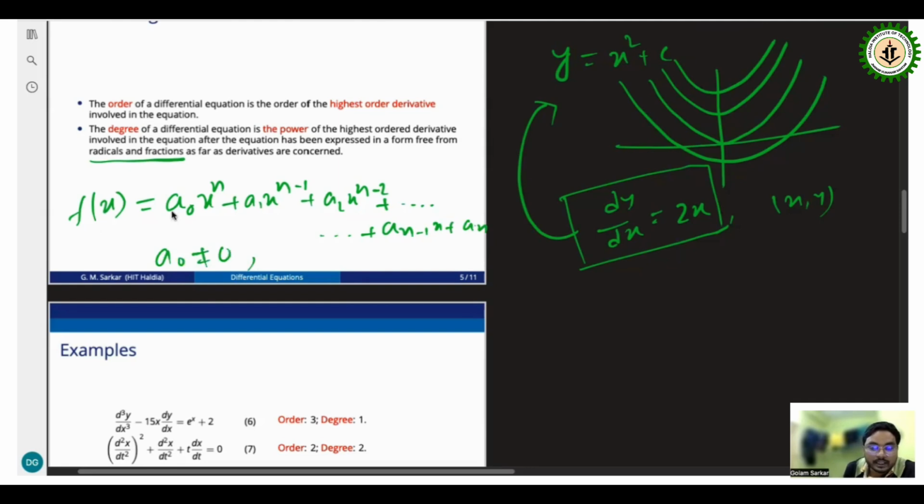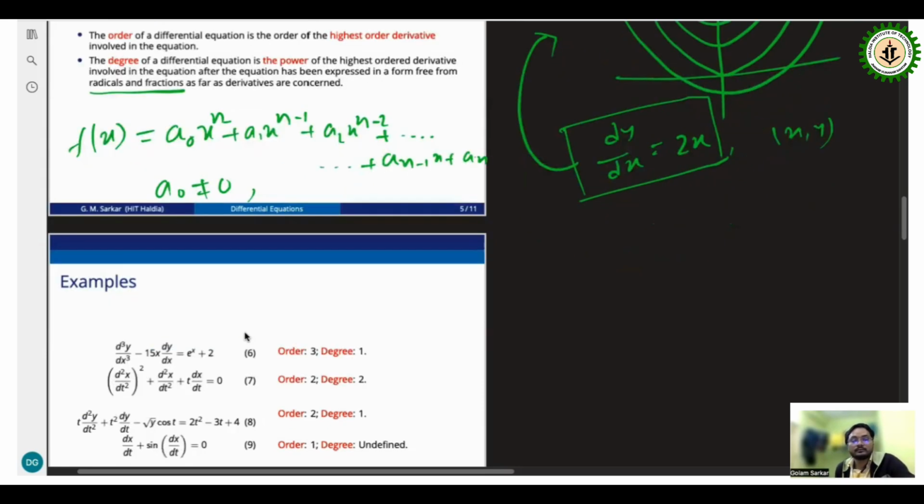Then the degree of the polynomial is what? n, right? The same concept we can extend for the degree of a differential equation, right? Here, each power n minus 1, n minus 2, and so on must be a whole number, that is, this power is either 0 or a positive integer, right?